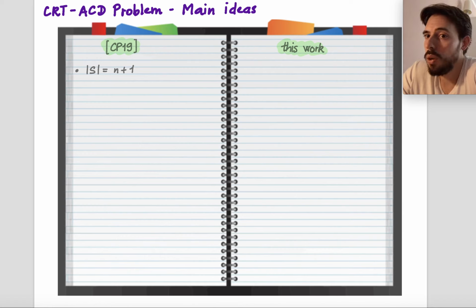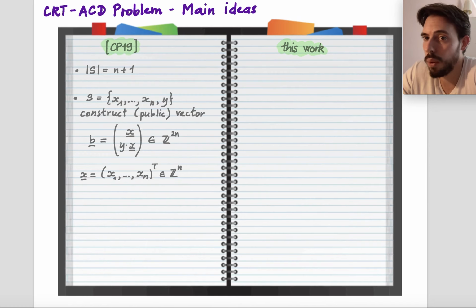So the cardinality of S being equal to n plus 1 in the algorithm of Coron and Pereira, the set S is given the following representation. Now, from this set S here, an attacker can then publicly compute the following vector. This is a 2n-dimensional vector, of which the first n entries correspond to certain n elements in the set S, and the last n entries in b correspond to the same n elements multiplied by the remaining scalar in S.